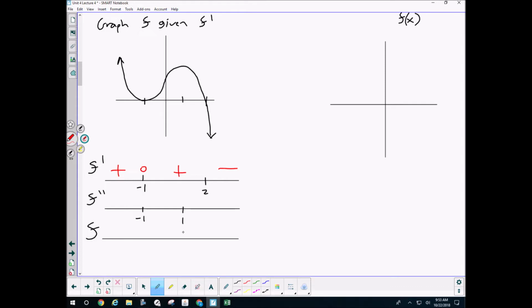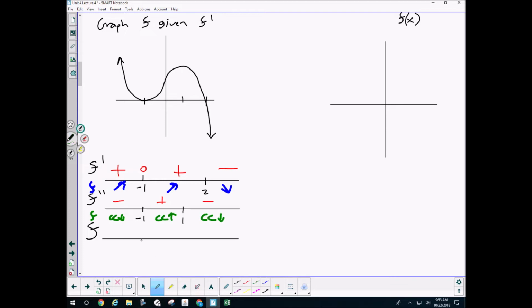F double prime values would be negative, then positive, then negative. From there, we know what that tells us about f. Going up, going up, going down. Then that tells us f is concave down, concave up, concave down.